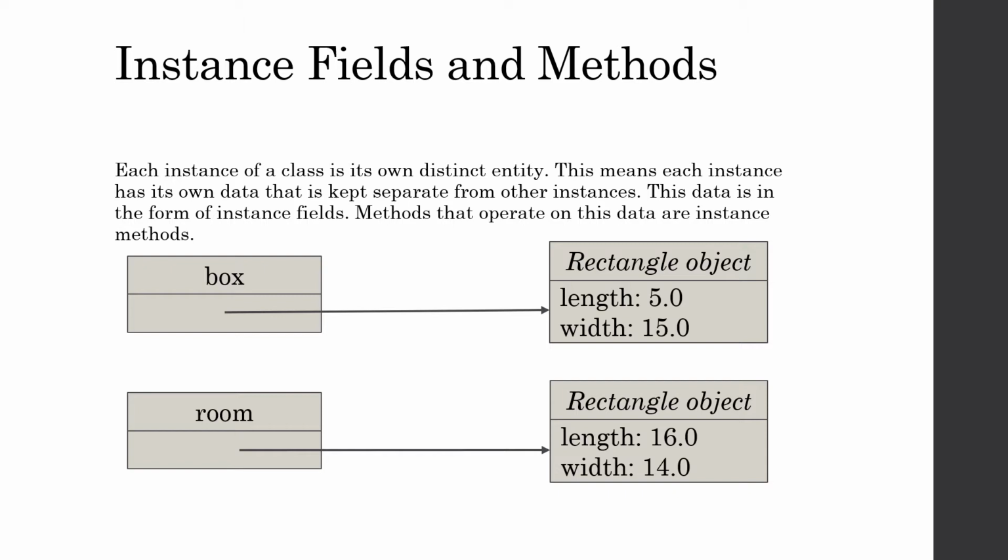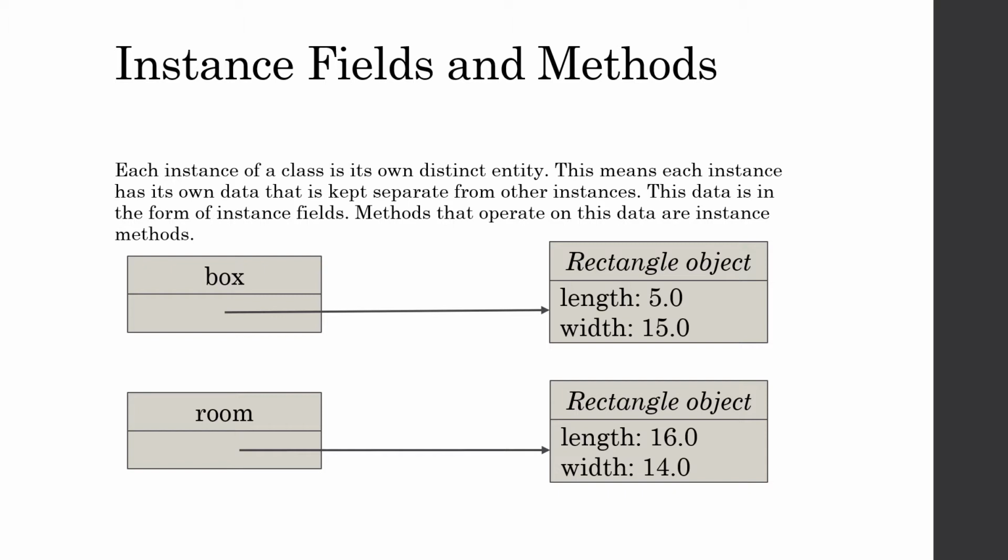So we can see 2 examples right here. We've got 2 boxes that I've created on the left-hand side. One of those I call box, the other I call room. These are meant to refer to the reference variables of the rectangle class that will then point to or reference some rectangle objects that we actually construct somewhere else in the memory of our program. So in this case, we've got these 2 rectangle objects. For one of them, we're going to set its length to 5 and its width to 15.